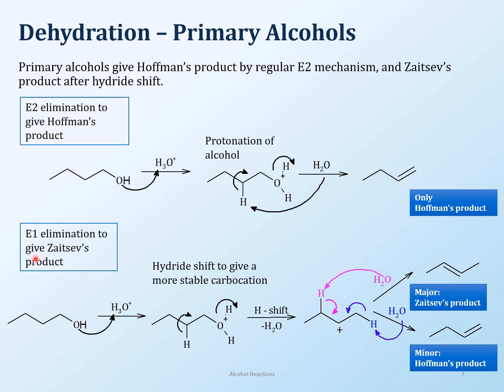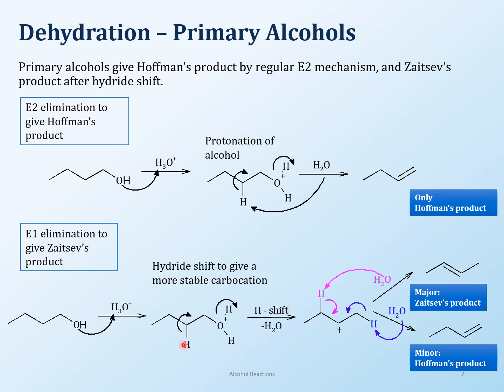The E1 mechanism is preferred in an acidic medium. So because the E1 mechanism is preferred, you still do the protonation. But once you do the protonation, what's happening here? The water is leaving. Once the water is leaving, it's not that it's going to generate a carbocation here.